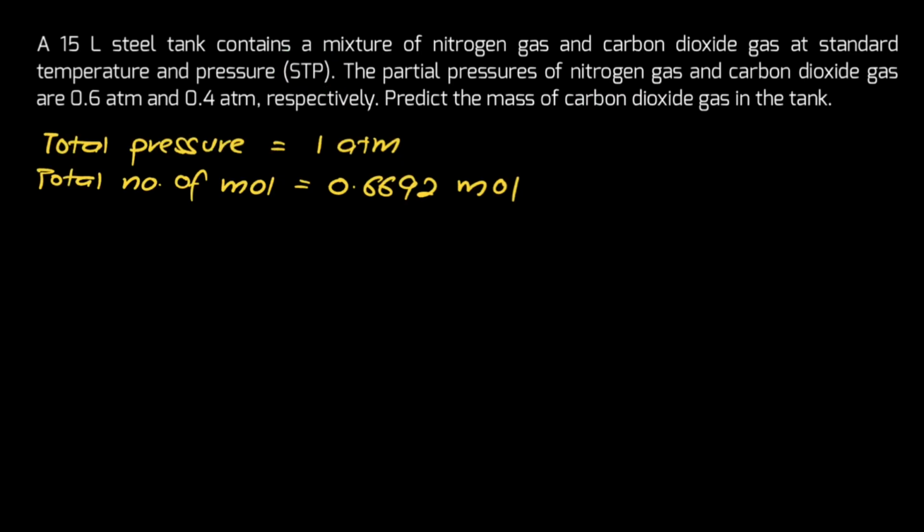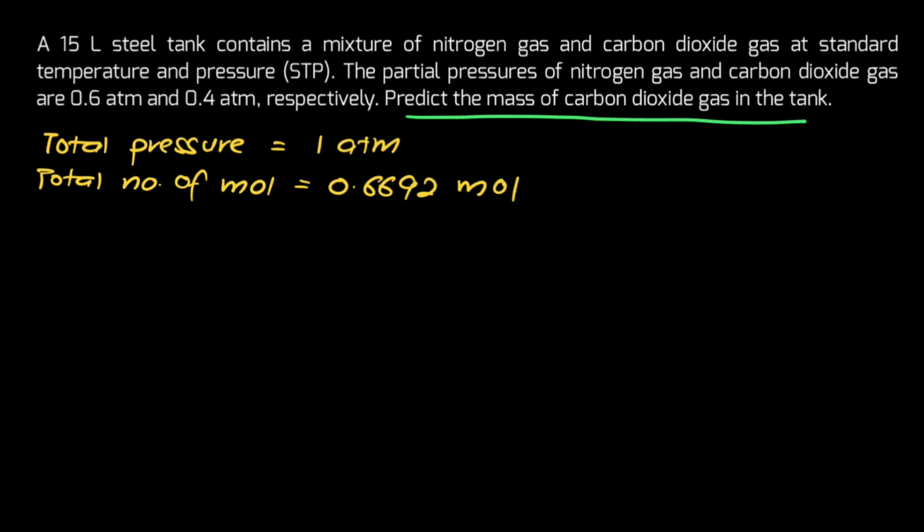Okay, so in the question you were asked to predict the mass of carbon dioxide gas in the tank. Before we can predict the mass, we need to find the number of moles for the carbon dioxide gas.